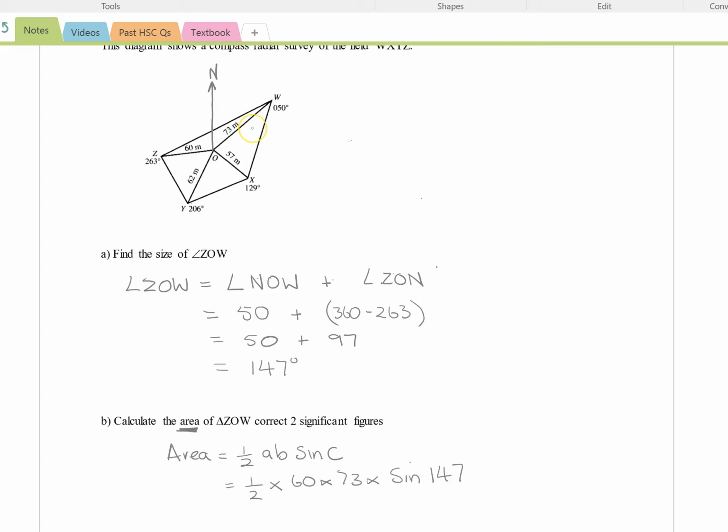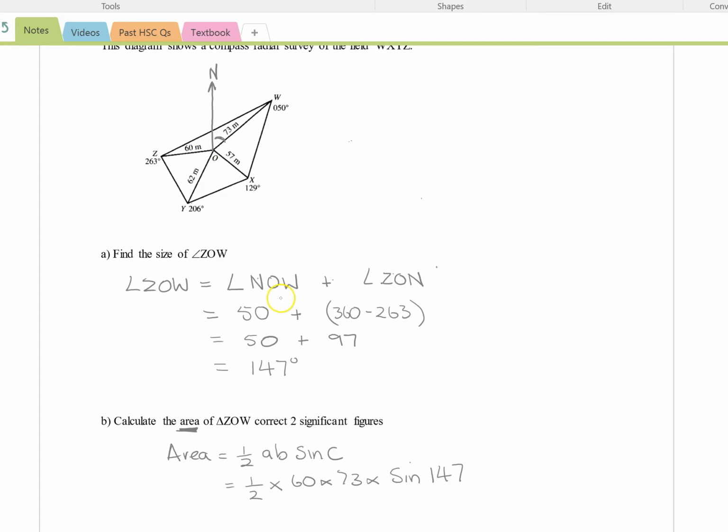That will enable us to say that angle ZOW is made up of NOW, so it's made up of this angle here from N to O to W plus Z to O to N.